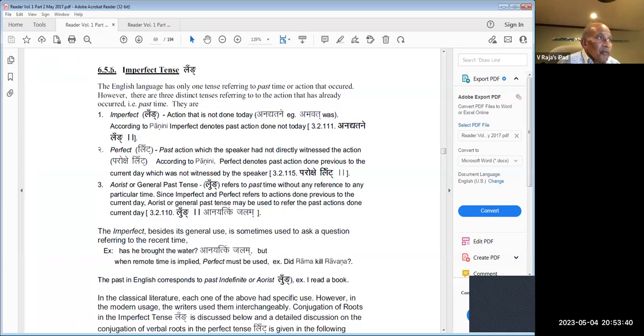This is 6.56, and the general is called aorist or lung, but this is very rarely used in day to day. But these distinctions: what happened today, lung; what happened a long time back, on which you have no direct knowledge.